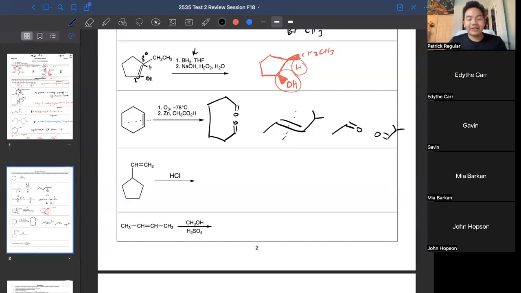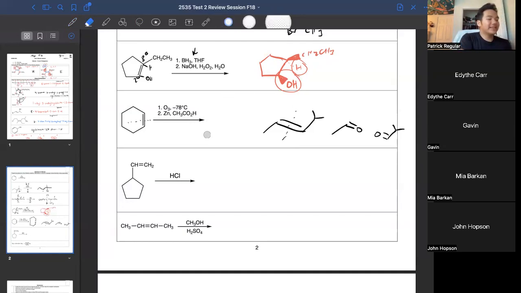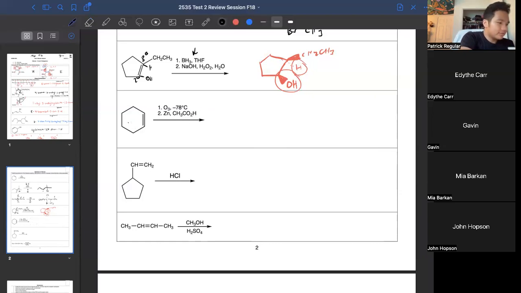Those are the two products you'll have. You just cut across the alkene. That's it. It's that easy. I don't know why I erased that cyclo. Oops. All right, I'm gonna leave that there.